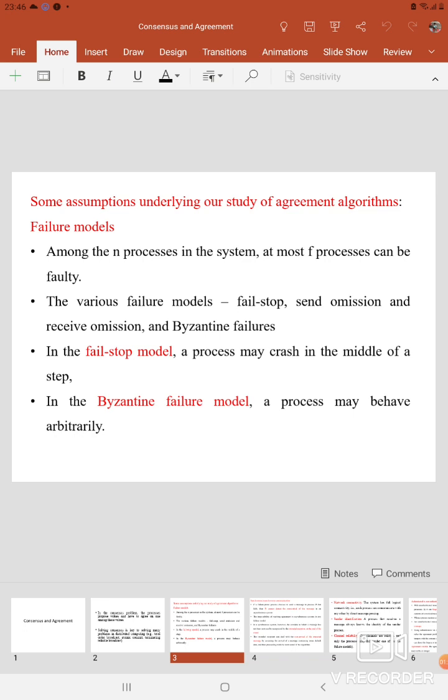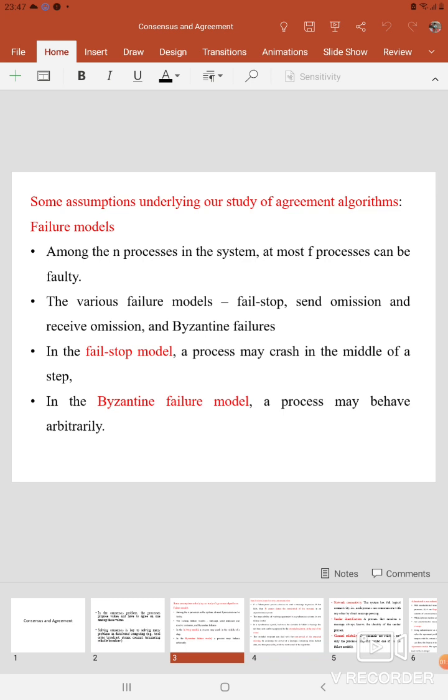So what are the assumptions we have made in agreement algorithms? The first one is the failure model. If we have n processes in the system, then you can allow f processes to be faulty processes. You cannot exceed the number of faulty processes beyond the value f.